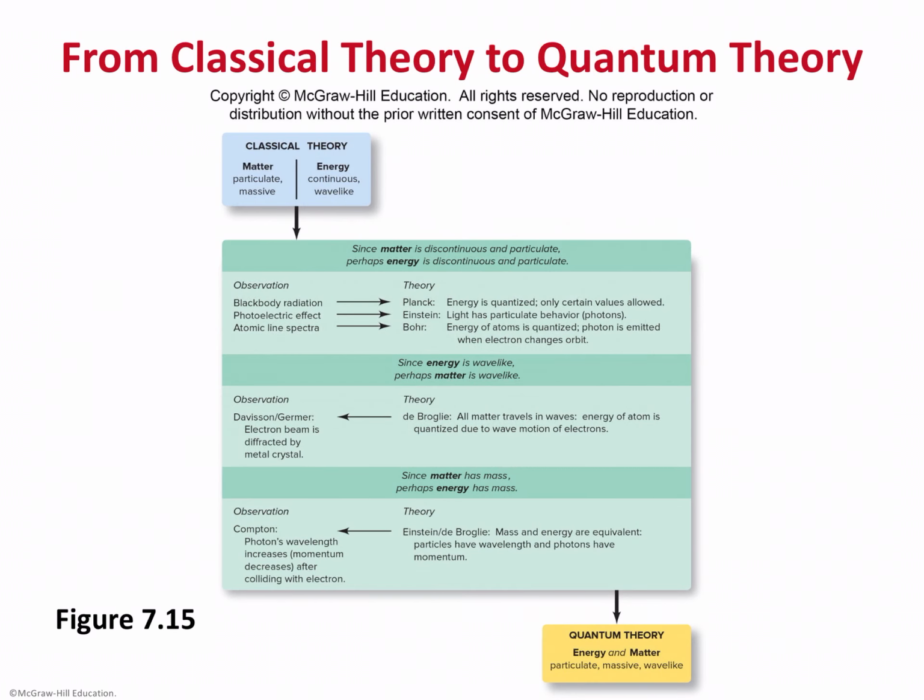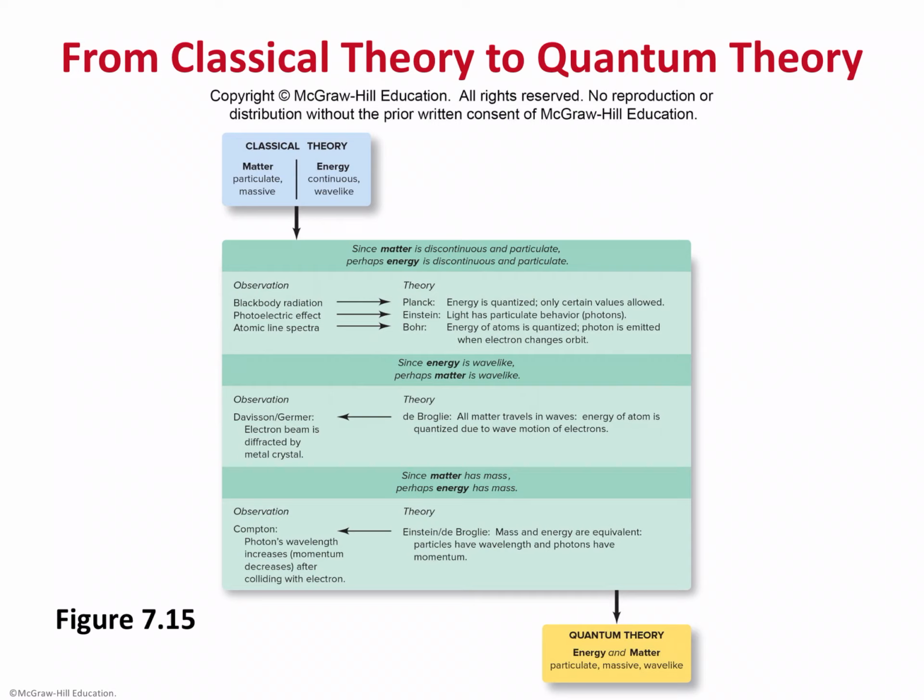So classical theory considered matter to be particulate and massive, energy to be continuous and wave-like. Since matter is discontinuous and particulate, perhaps energy is discontinuous and particulate. Okay, so there were observations done and we have seen black body radiation.